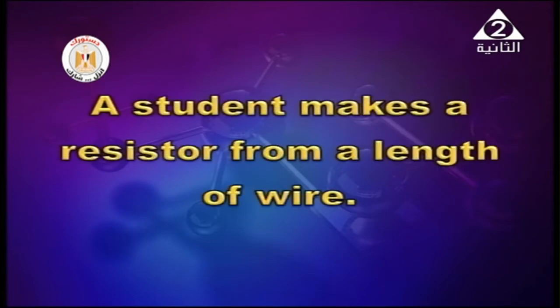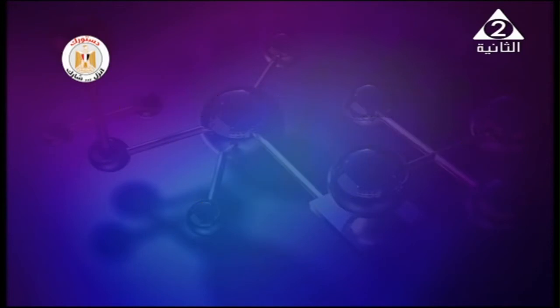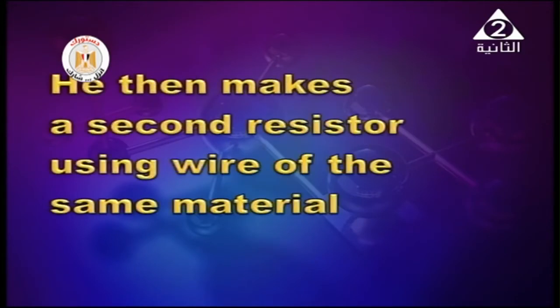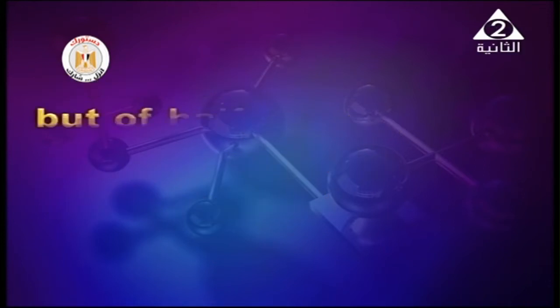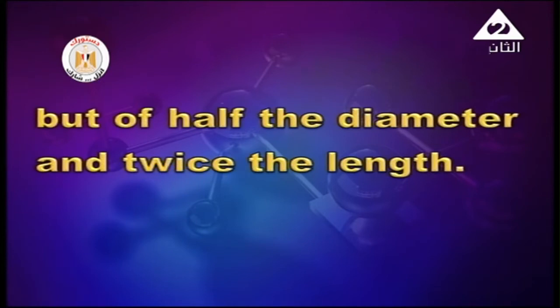A student makes a resistor from a length of a wire. He then makes a second resistor using wire of the same material. Wire of the same material means same resistivity, same conductivity, of course. And what about the second resistor? It is half the diameter but twice the length.